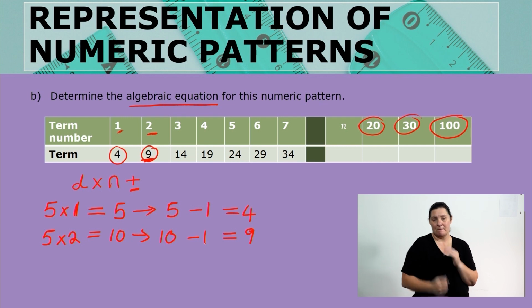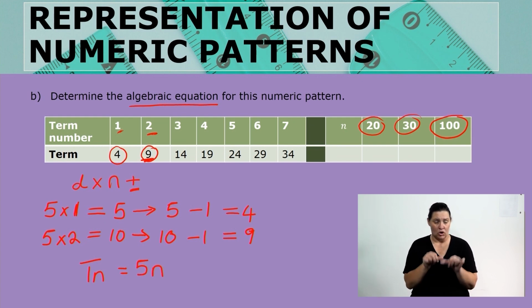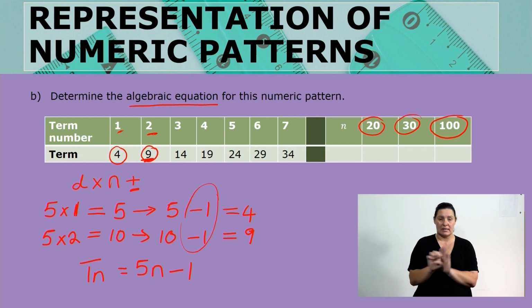Yes, you are correct. I'm going to subtract 1. So this means that our rule or our equation here is going to be Tn = 5n, remember, that's the constant difference of 5, multiplying with the term number, and we are going to subtract 1 as we've discovered from these 2 examples.